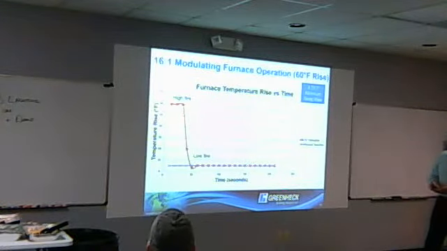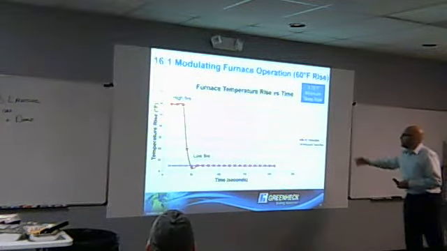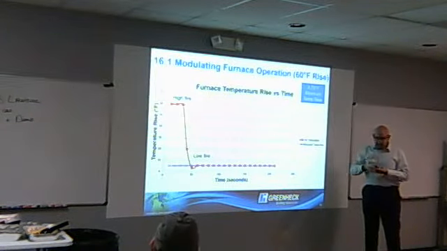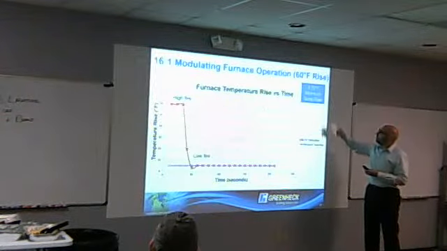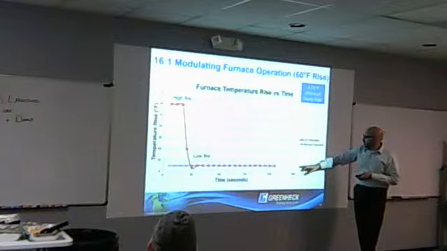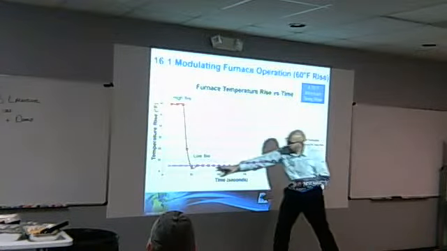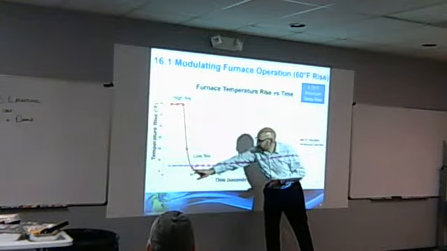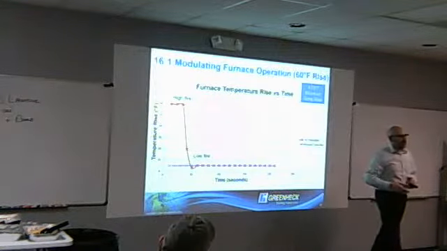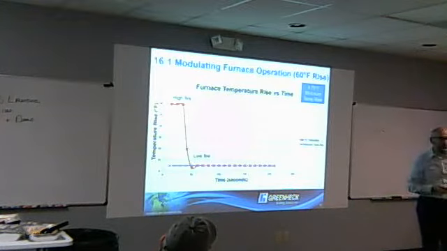If we go to 16-to-1 modulating, now you're talking about something that can go to a 3.75 degree rise versus 15. So at 3.75, we're trying to maintain a 5-degree temperature rise. We can come down in that same 50 seconds and then just modulate along. So you don't have that big swing. There are times when the modulation becomes a big deal.